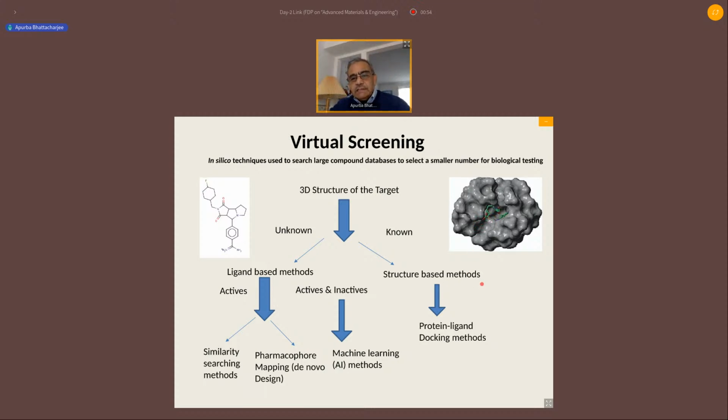So what is done is that we quickly calculate the binding energies of hundreds and thousands of compounds, see what the minimum binding energies are, and then shortlist the compounds based on certain characteristics of drug likeness, and then you can finally test them in the in vitro and in vivo systems.